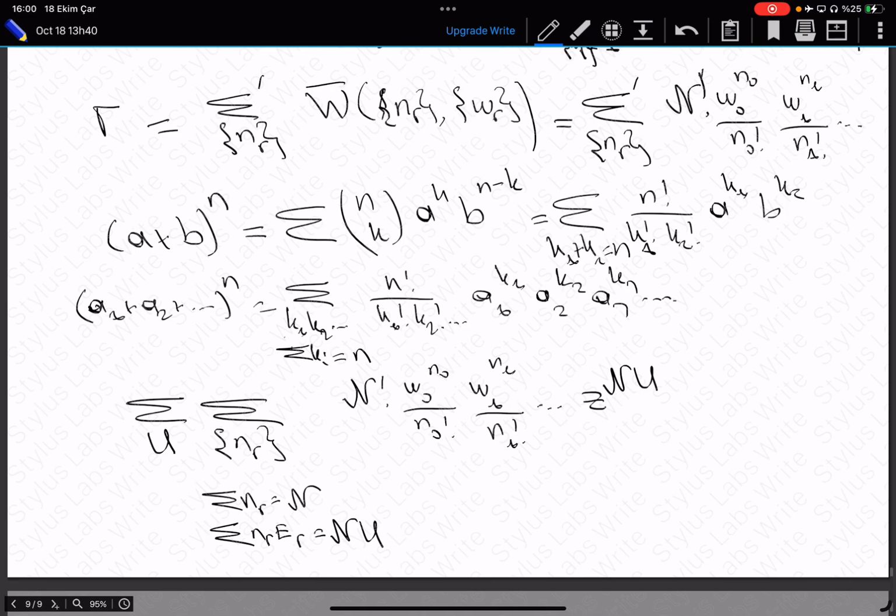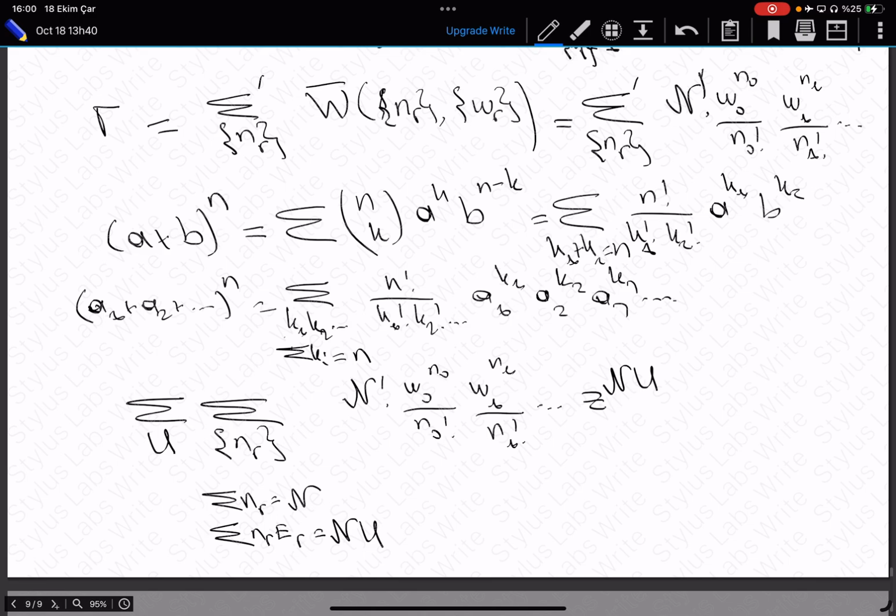You see, when I'm summing over all possible values of nu, now I have a different variable z. First I introduced these omegas, omega_0, omega_1, omega_2, which I will eventually set to 1. Now I introduce another variable, z.